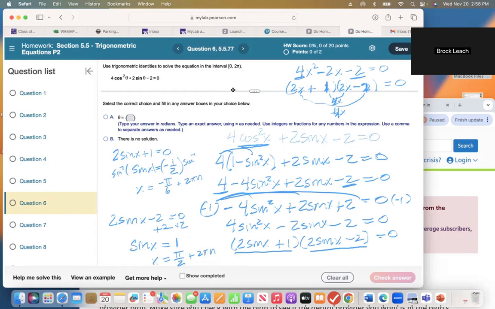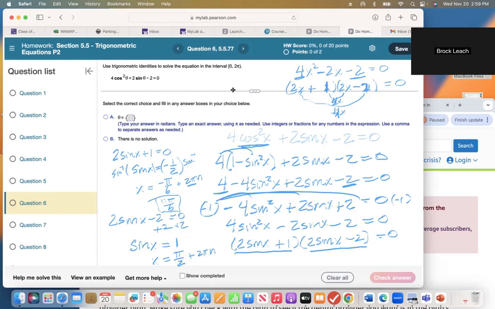But to express these two answers, they need to be between 0 and 2 pi. So I'm actually going to add a 2 pi to that, which would be 12 pi over 6 plus negative pi over 6. So that would be 11 pi over 6 here. And pi over 2 is between 0 and 2 pi, so we can use that.